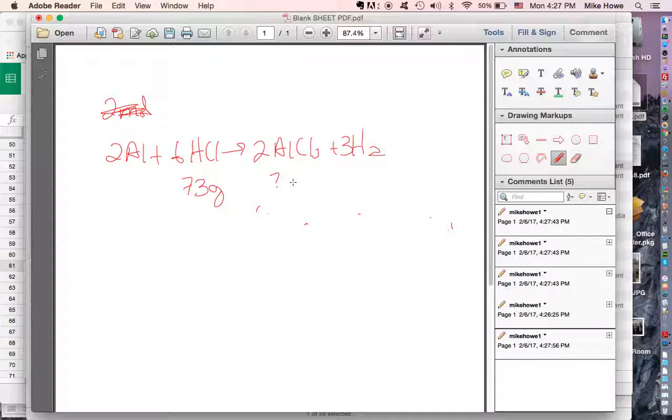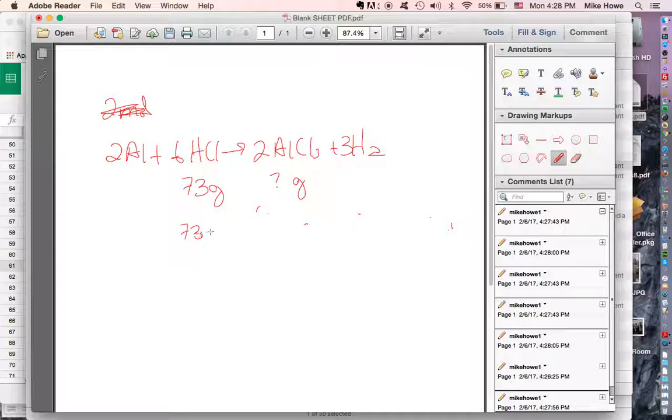And we'd like to know how many grams of that. Well, your first inclination might be to do this: 73 grams of HCl times, and you put grams of HCl on the bottom. You put grams of AlCl3 on the top, 2, 6, but that will not work.